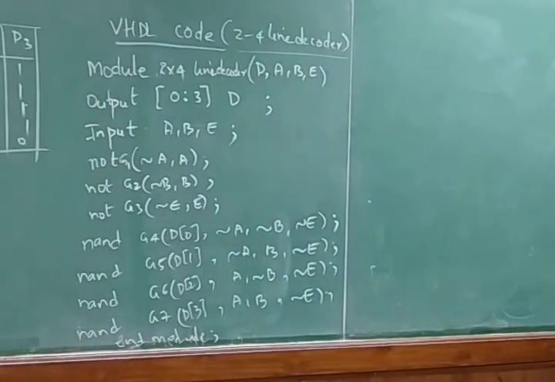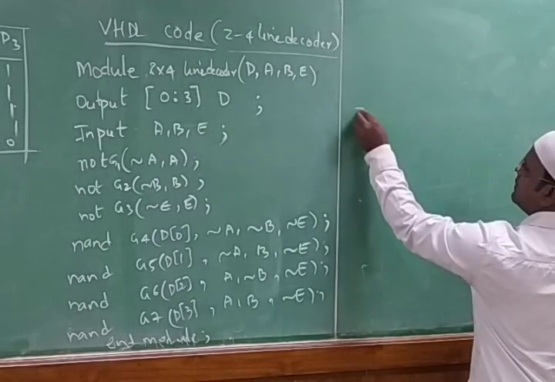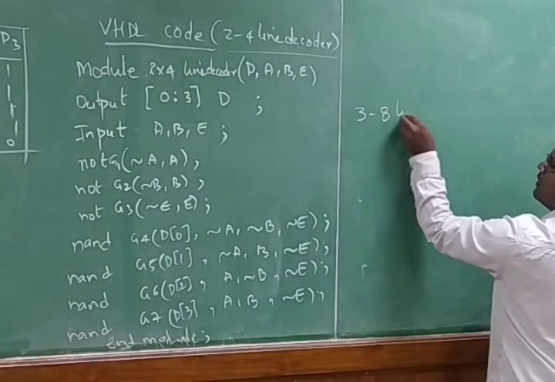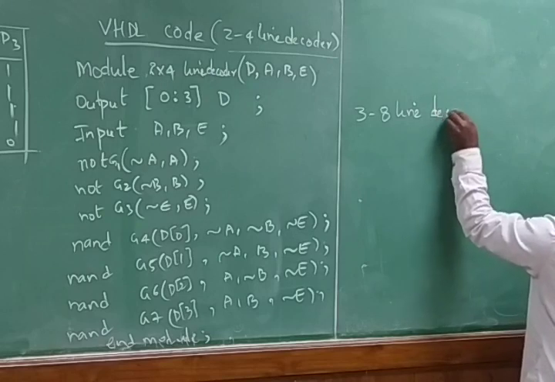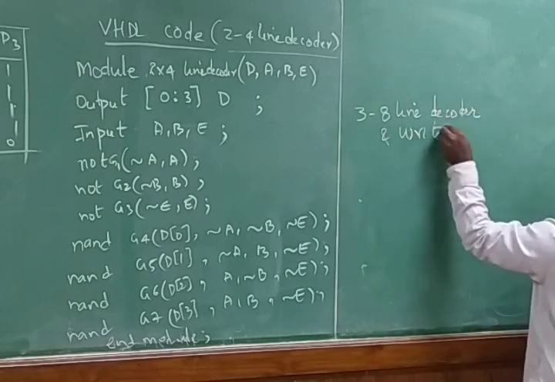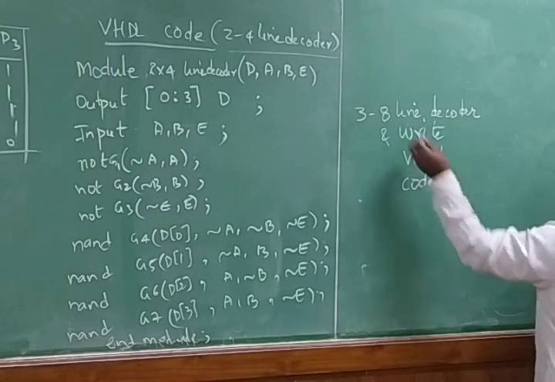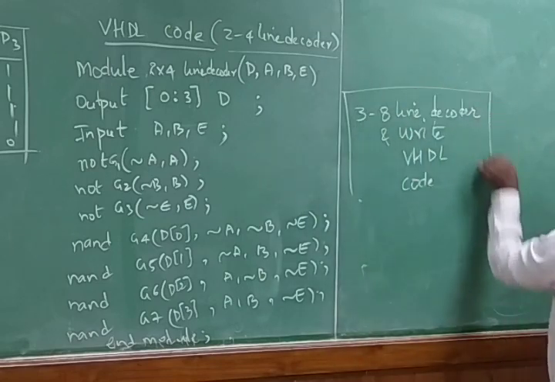This code is important to understand. Okay, so I'll write one more question. If people try this: design a 3 to 8 line decoder and write VHDL code for it. That's the homework question.